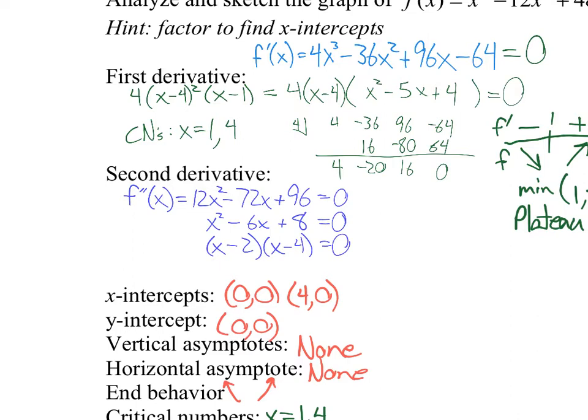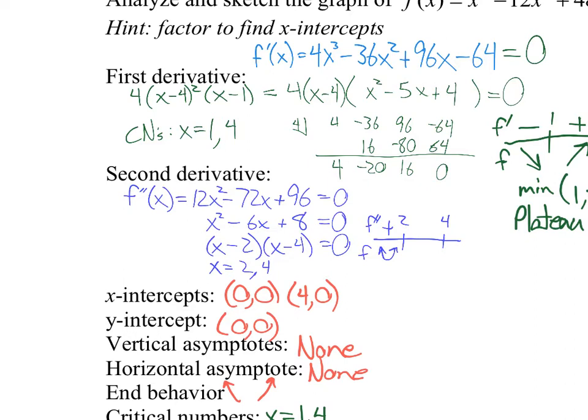Now, because 4 was a plateau point, I knew it was going to be a point of inflection as well, but here we kind of confirm that idea. x equals 2 and 4 are possible points of inflection. If I do a sign diagram there, my second derivative, if I plug in 0, I get a positive 96, so I know I'm concave up. Which I actually knew because I had a min at 1, and 1 is in that range.